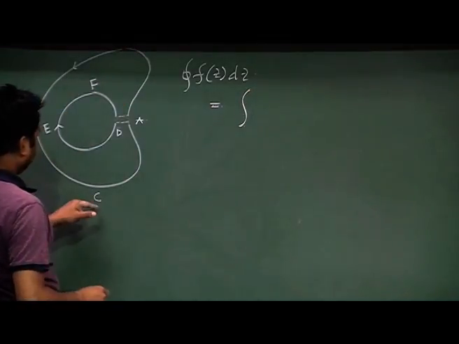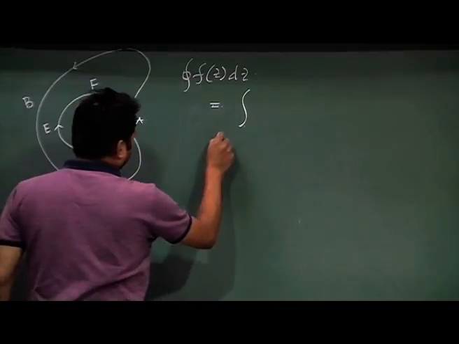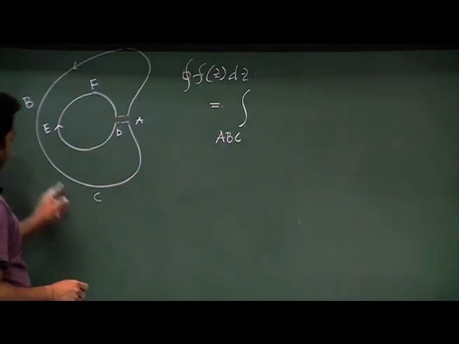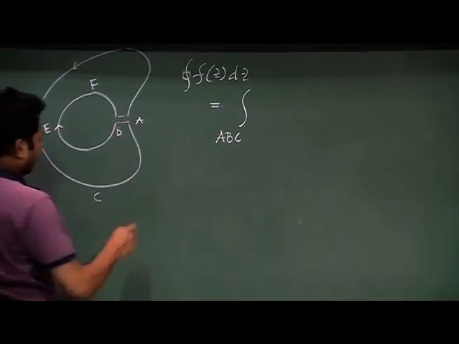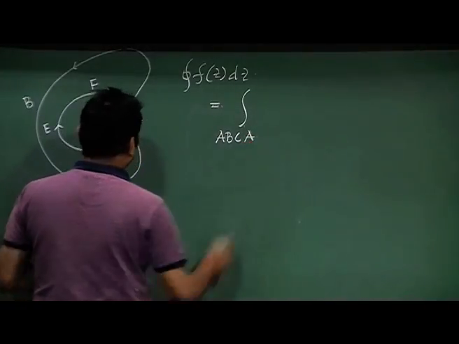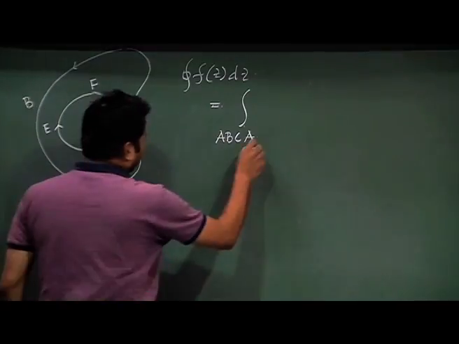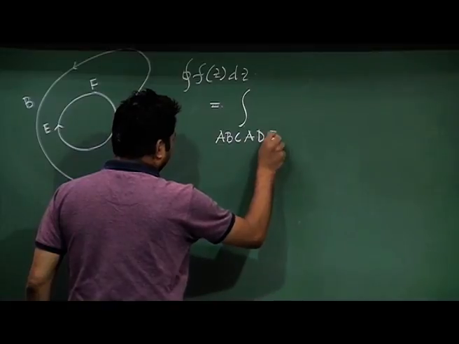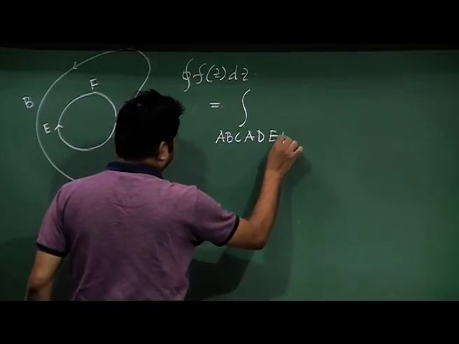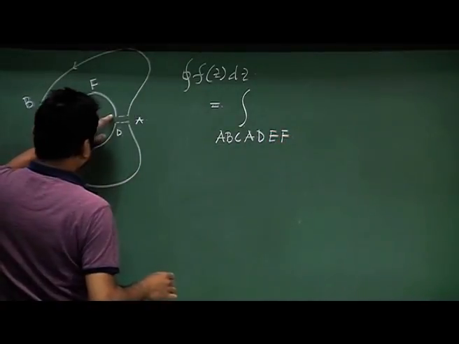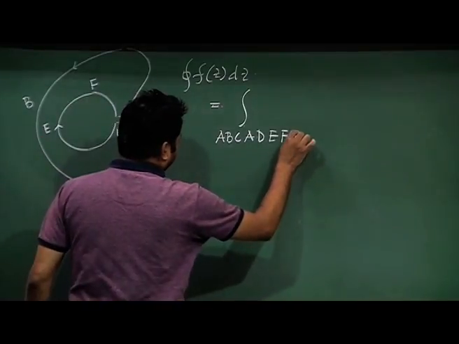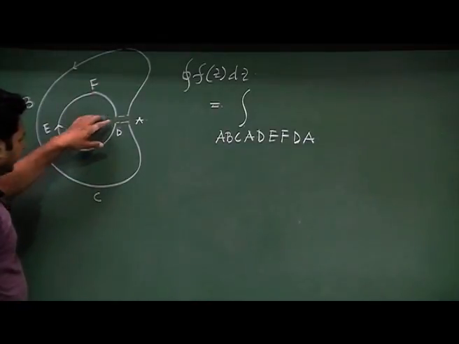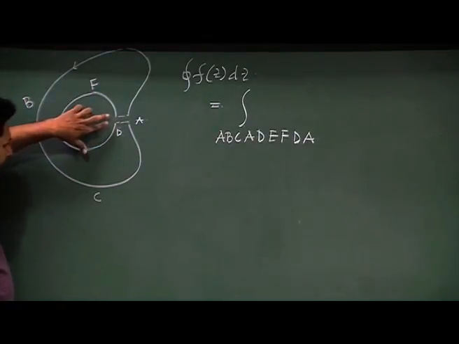I go along A B C, then again I return back to A, then go to D, then go to E, then F, then again D, and then A. Please mind it, this portion is infinitely narrow.